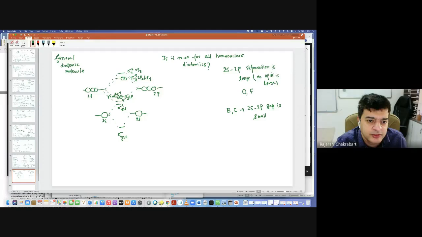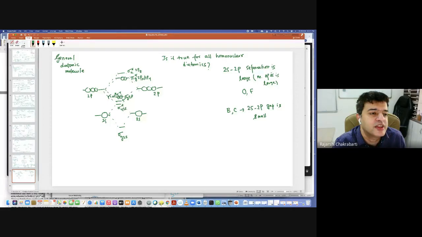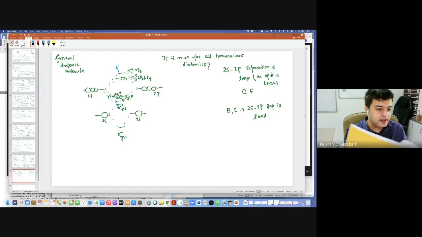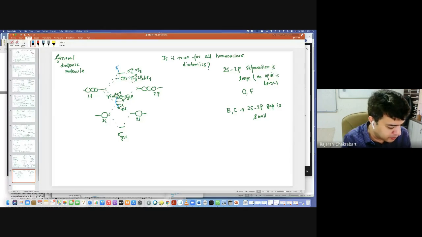This goes down, this goes down, and also this goes up because of this 2s 2p mixing. And you need that kind of MO diagram in order to explain some magnetic properties of boron. You remember that? Or some other molecules also.